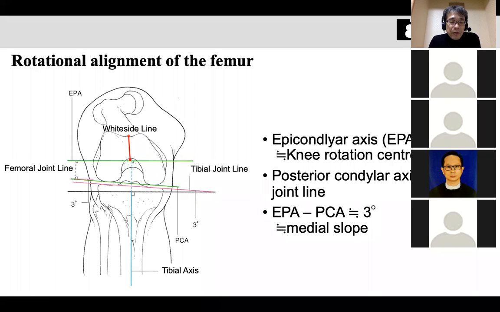Whiteside reported that this line is virtually perpendicular to the SEA or TEA. But it is quite variable. Some patients are virtually perpendicular. Some patients are rotated externally.